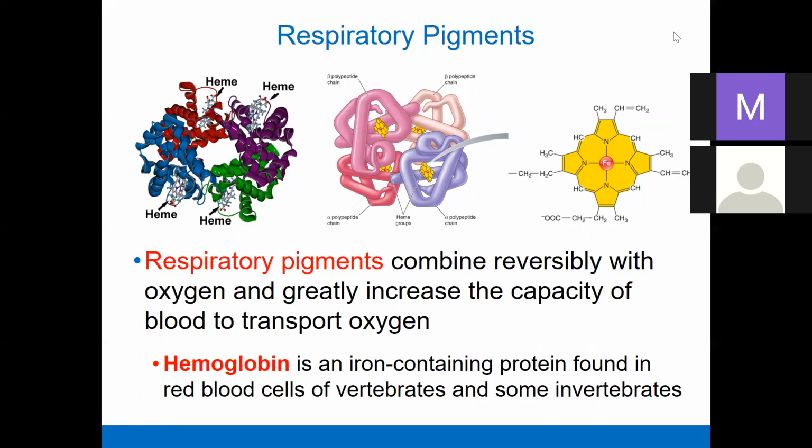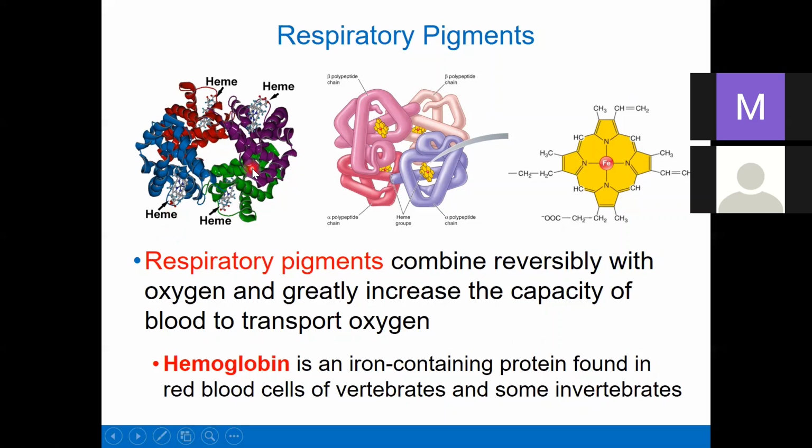As you see, hemoglobin has 4 subunits, and each subunit includes a protein which includes iron. We call it heme.